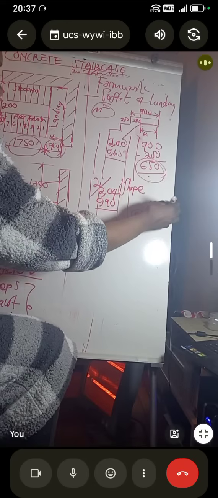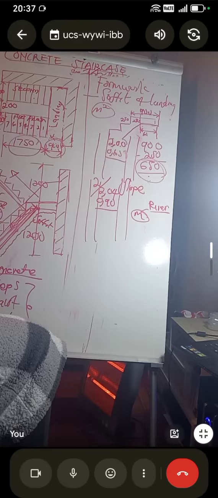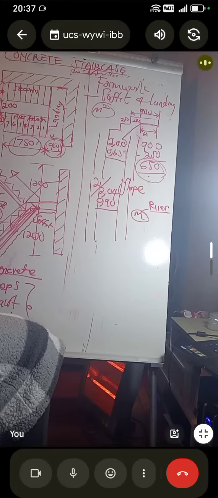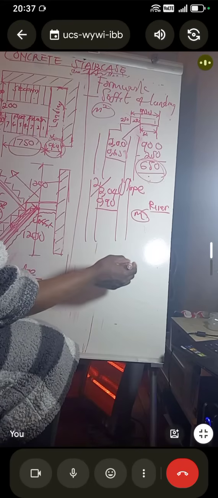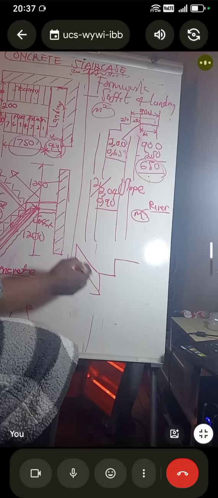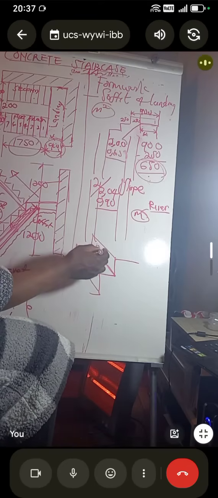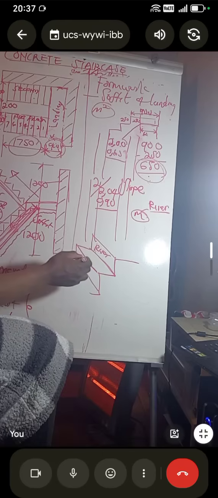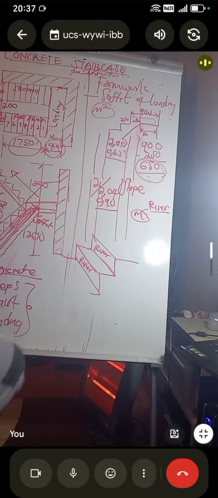Risers are measured in meters. So if we check on the steps, our risers, we're going to draw it in 3D. So this is what we have. This is going like this. These are the risers.